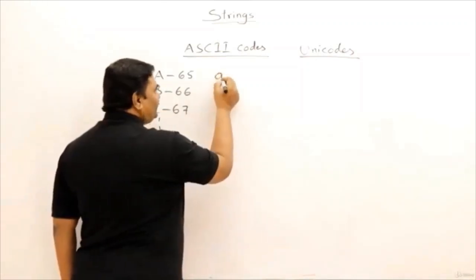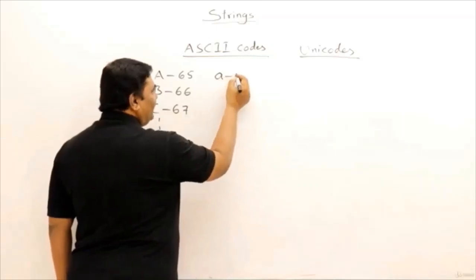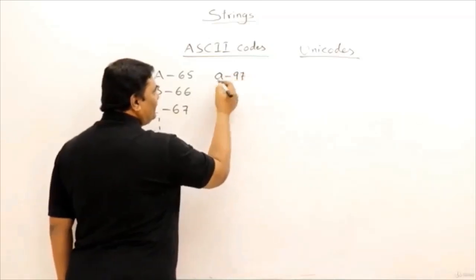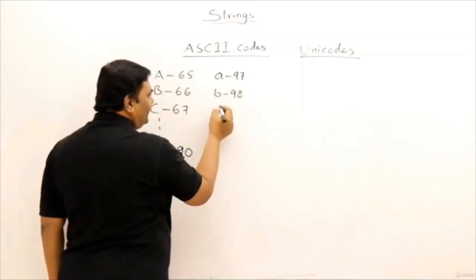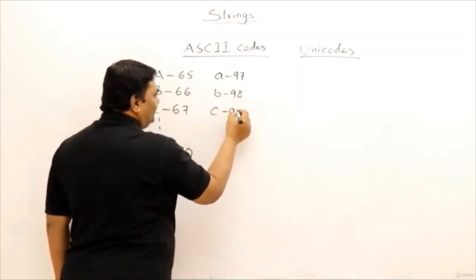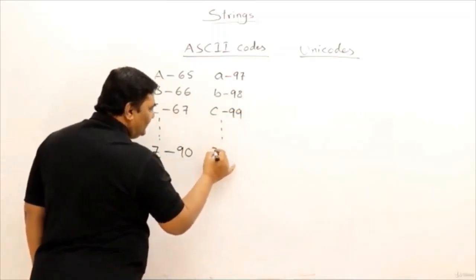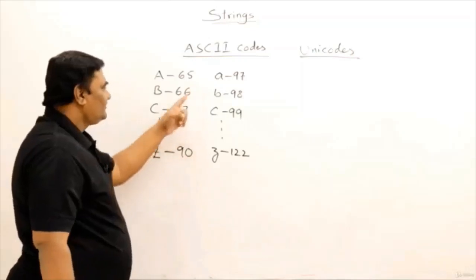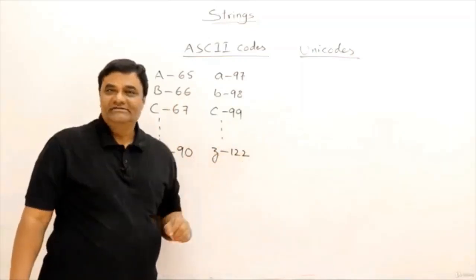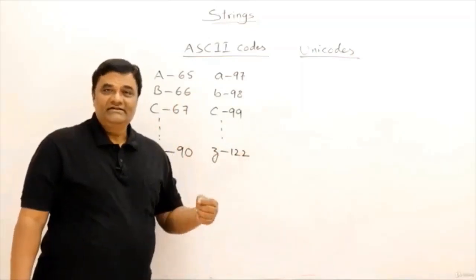For lowercase alphabets also ASCII codes are there, that is 97 for lowercase a, then 98 for lowercase b, 99 and so on, and lowercase z is 122. So these are for alphabets, English language letters.